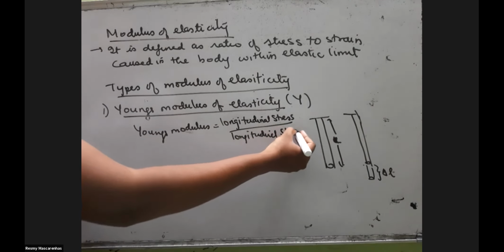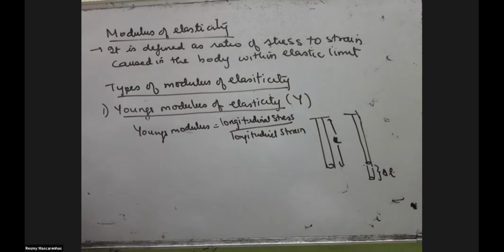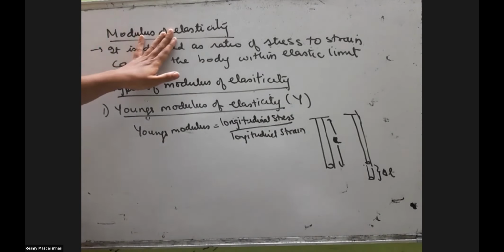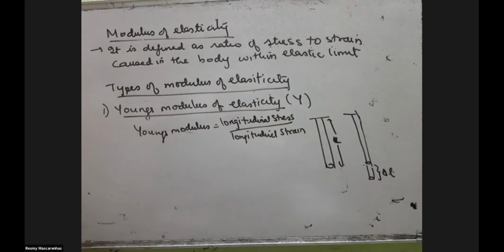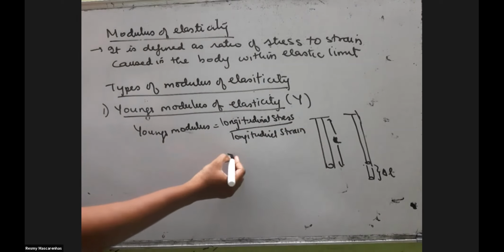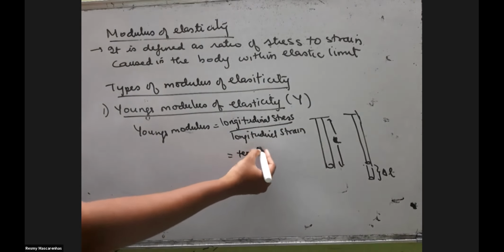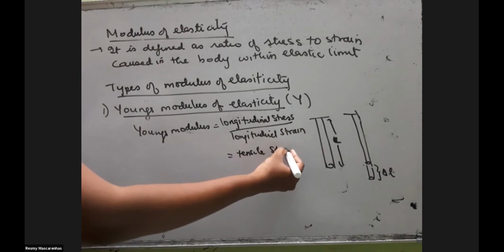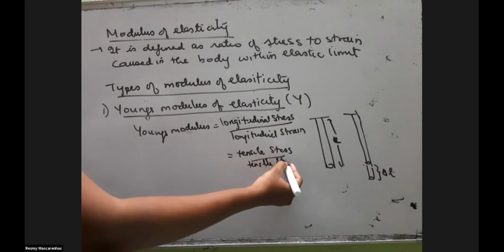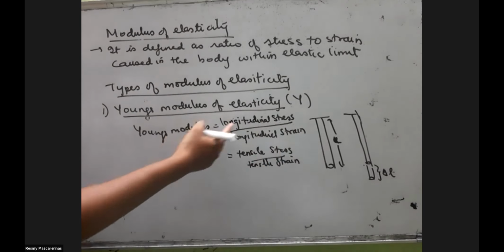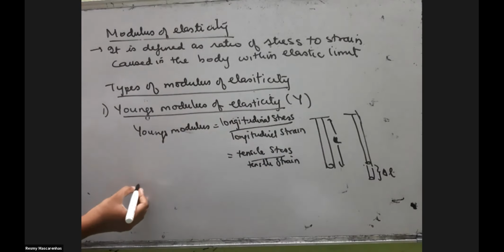Stress upon strain. The only extra word is longitudinal. In general, it is called Young's modulus, or also tensile.